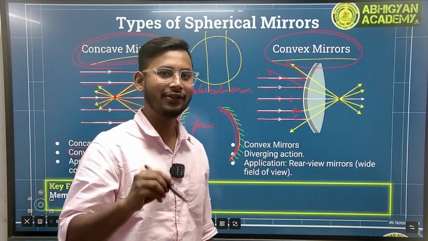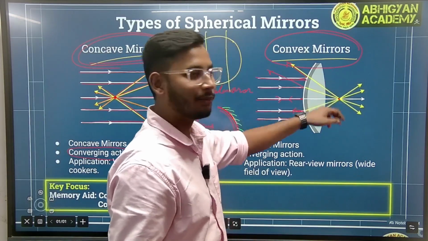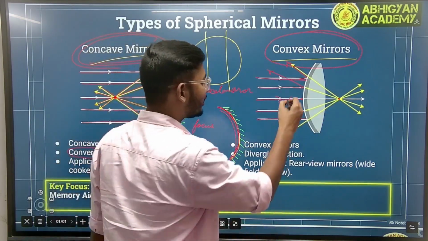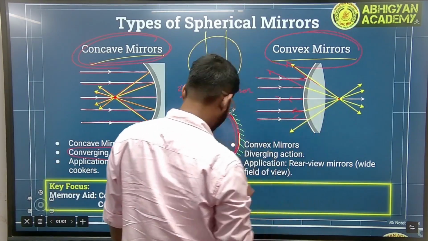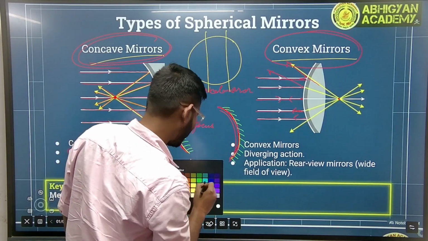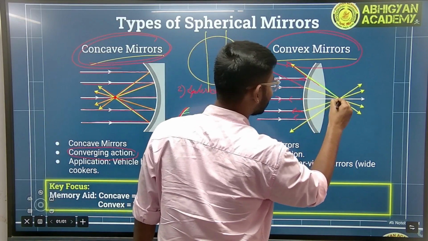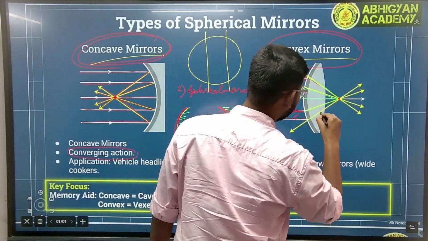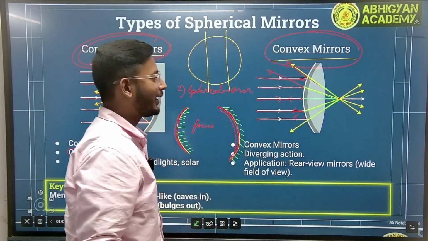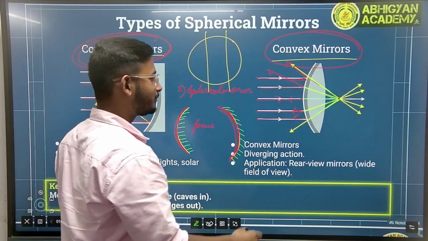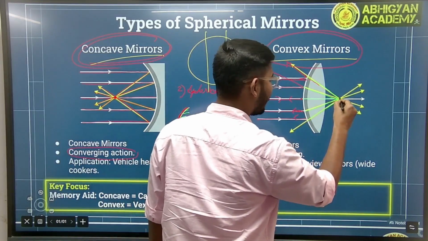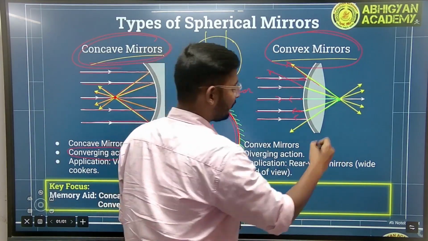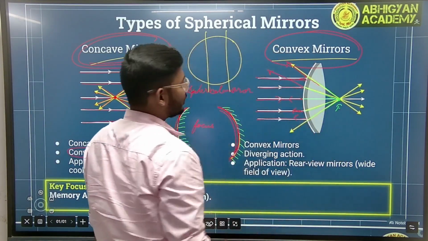It's not actually deviating from that point, but if we extend the reflected rays, it looks like the rays are deviated from a point, and this point is called the focus of the convex mirror.